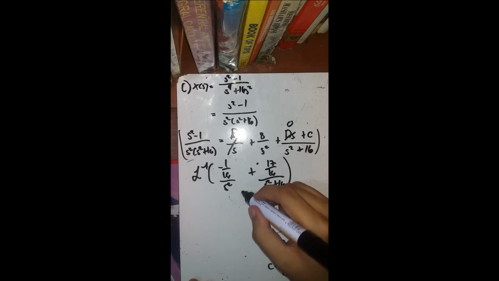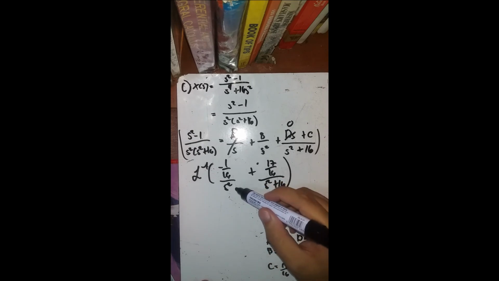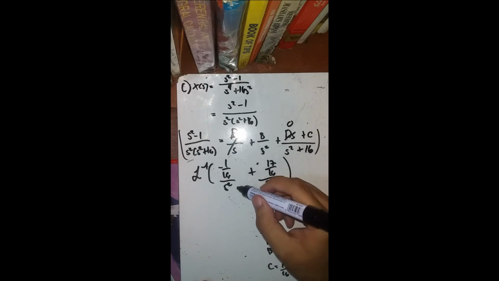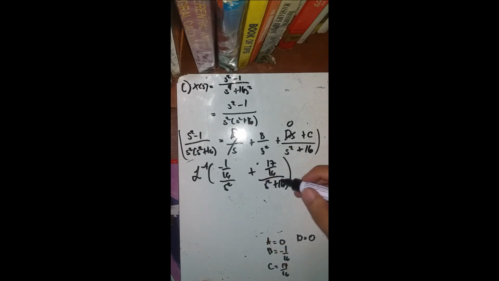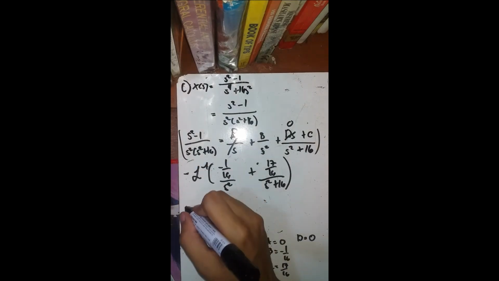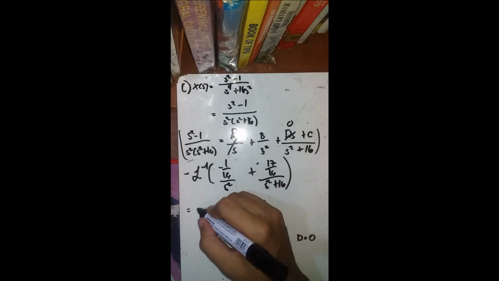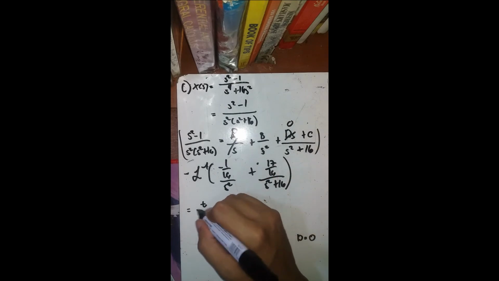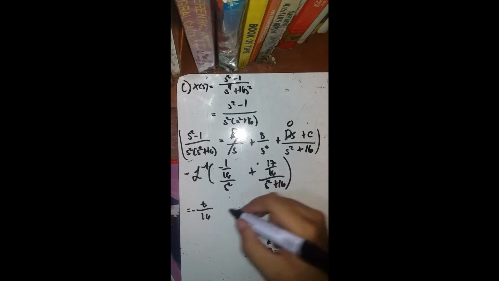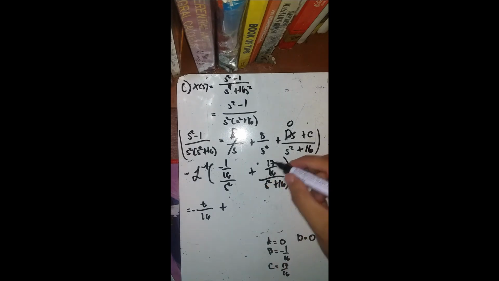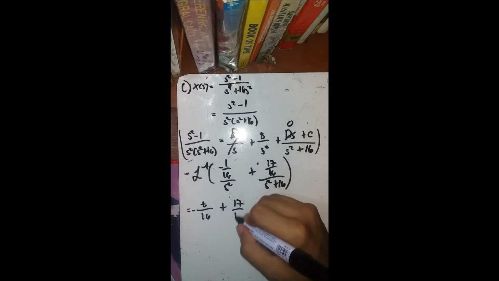Now, as we can see here, this is already your t, or a step function. And here we notice it is also a sine function. By just looking at it, this will be pretty easy. So this is actually t all over 16 negative plus, so we took out the 17 here, 17 over 16.